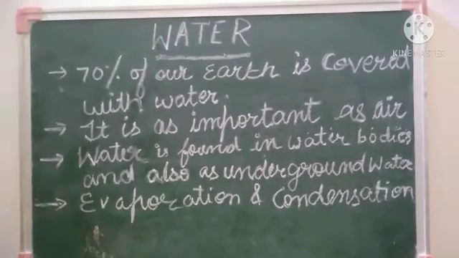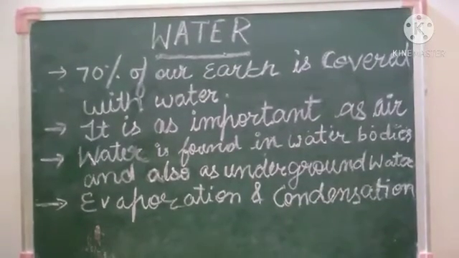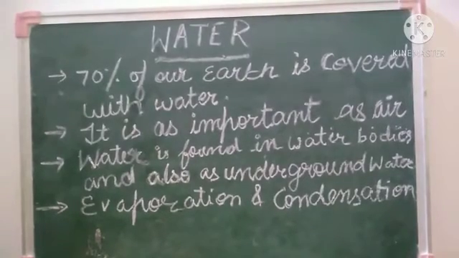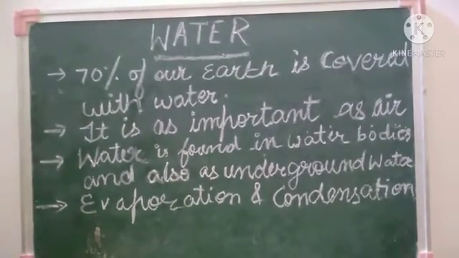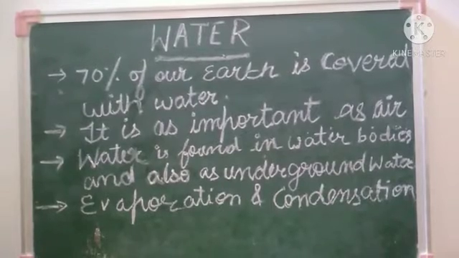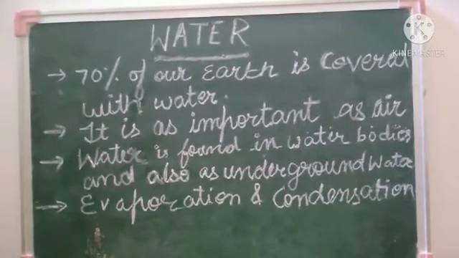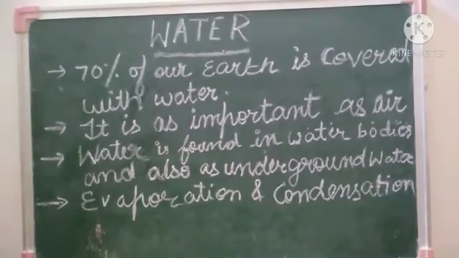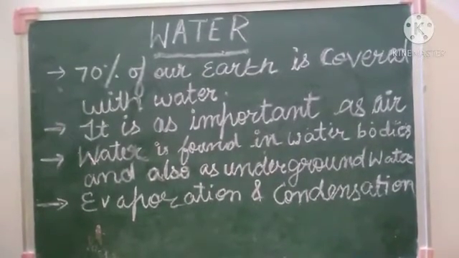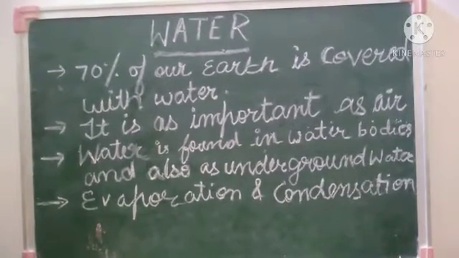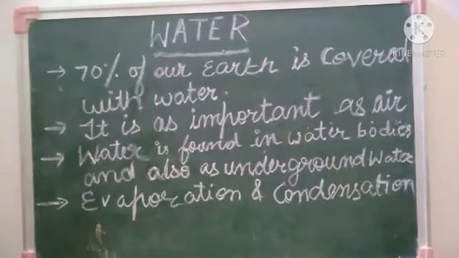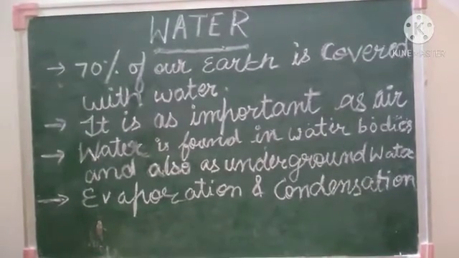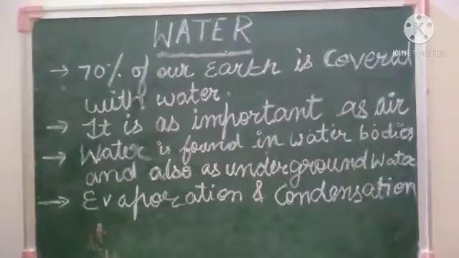We know that evaporation is the process in which by heating water, water changes to vapor form, and condensation is the process in which when we cool the steam or water vapor, it converts again into water. So these two processes continuously take place on earth to maintain the balance of water.